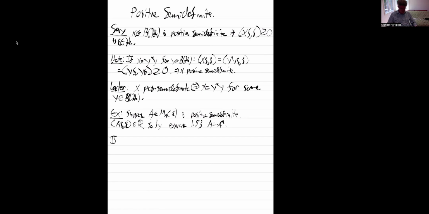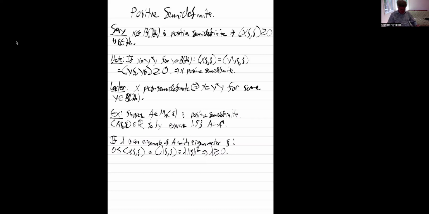So if lambda is an eigenvalue with eigenvector C, well, 0 is certainly less than or equal to A C against C. Which by rule is lambda C against C, which would be lambda times the norm C squared, which instantly tells us that the eigenvalue has to be bigger than or equal to 0.